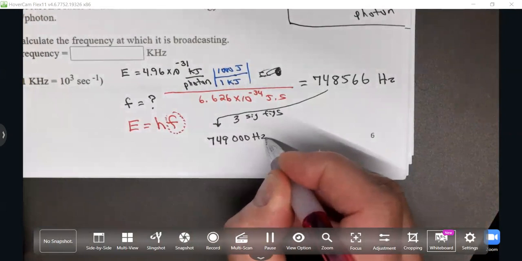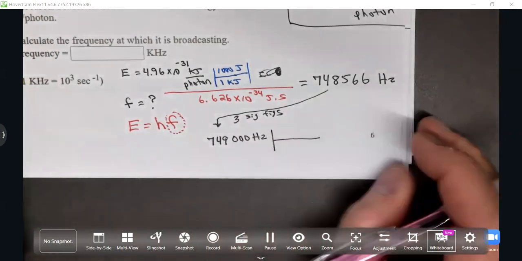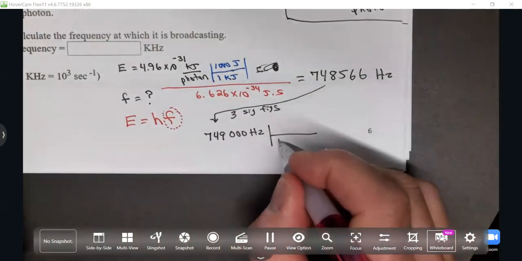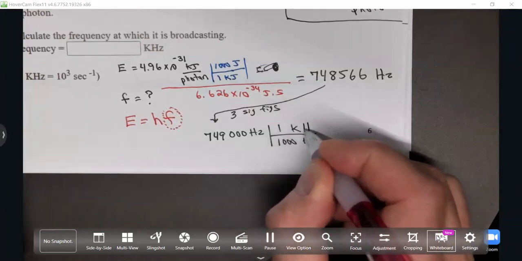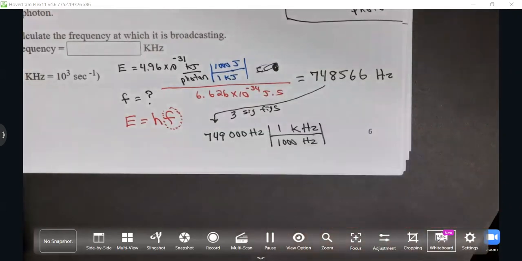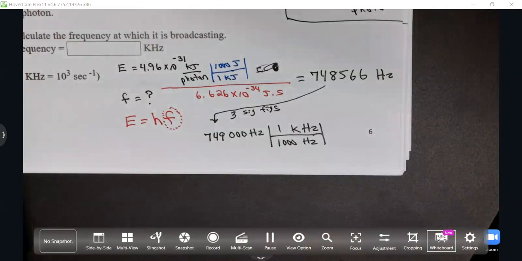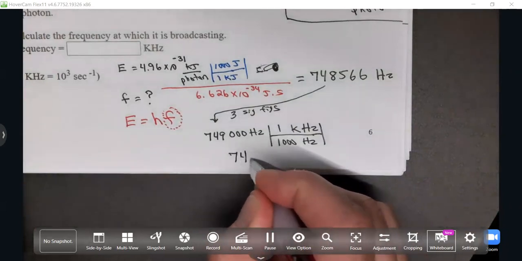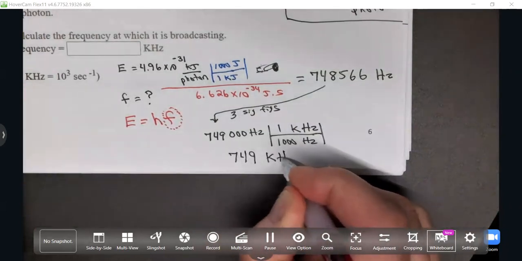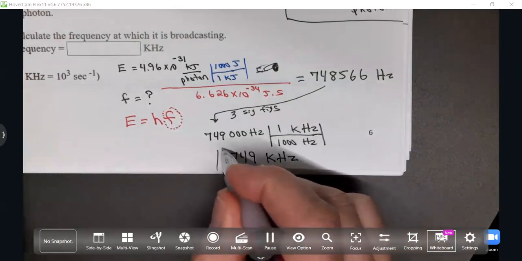So if I do 3 sig figs on this, I'm going to go 749,000 hertz. And 1,000 hertz in 1 kilohertz. So we would end up with 749 kilohertz.